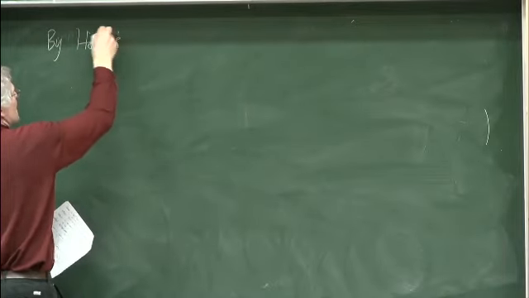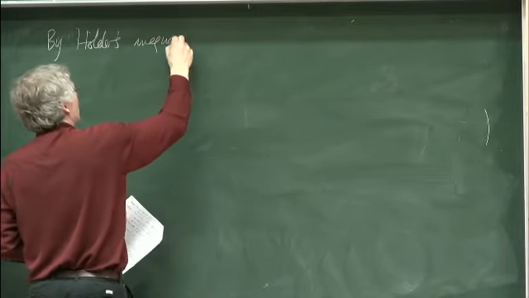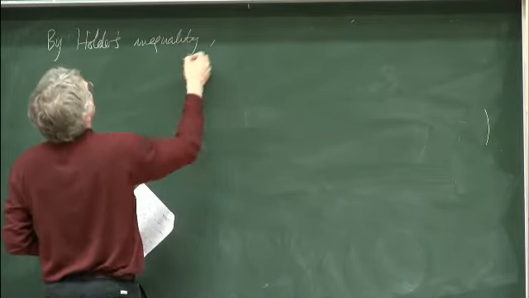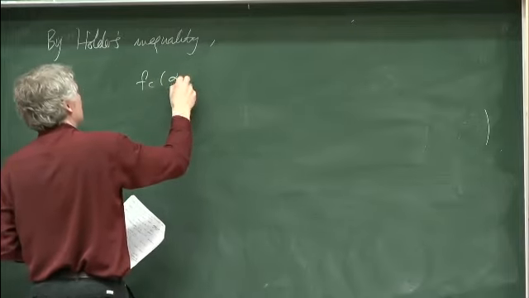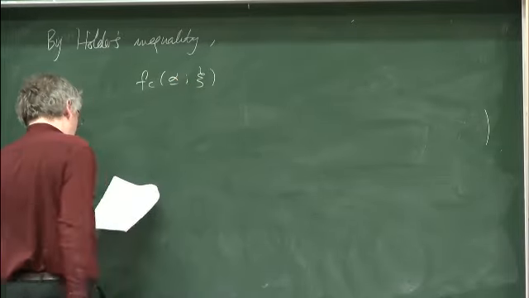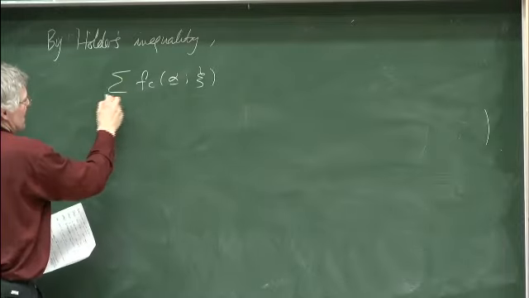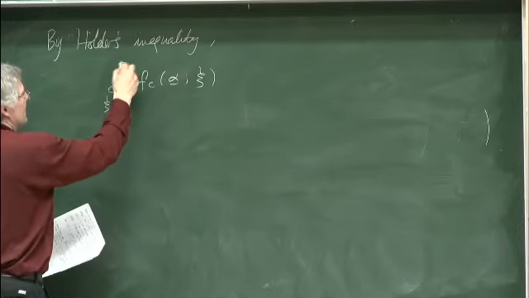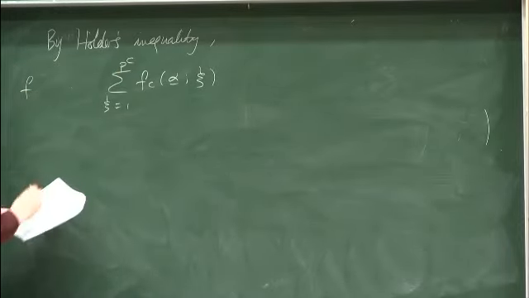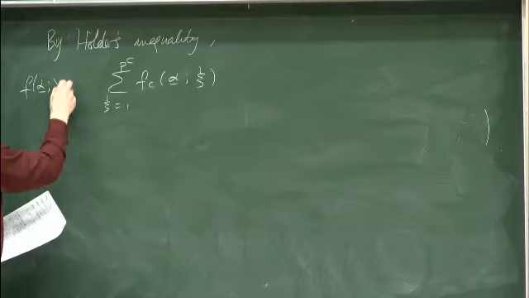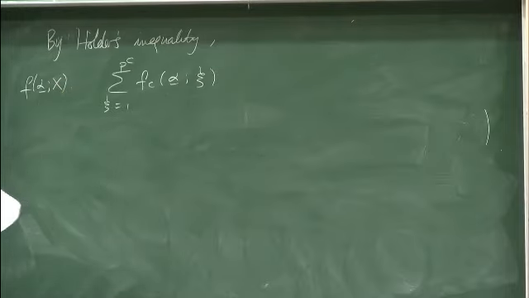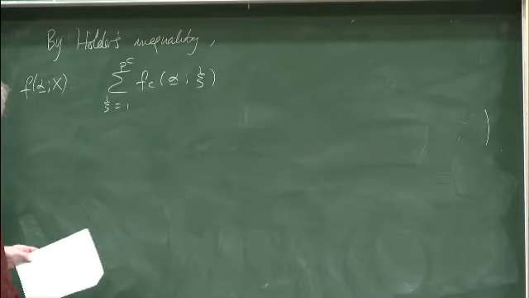is that by Hölder's inequality, if I want to write down the original exponential sum f, and maybe confusingly, although it really doesn't appear later on, this was f of alpha and x.